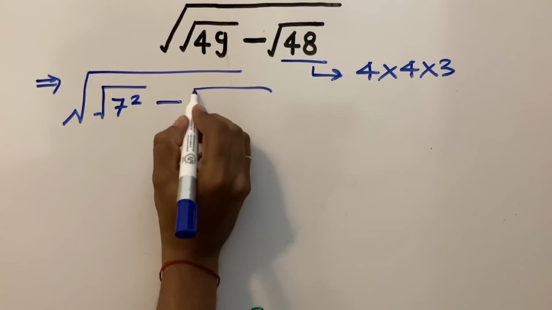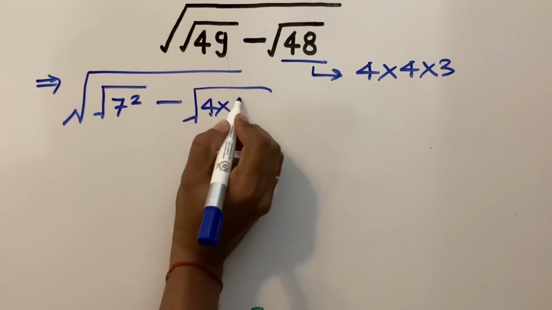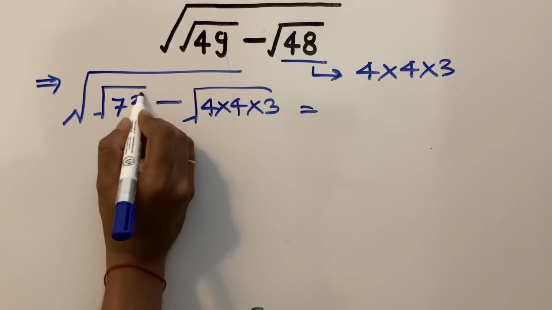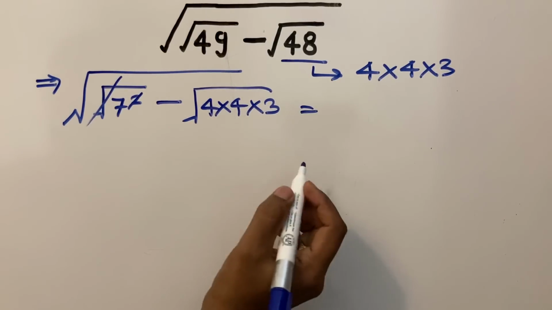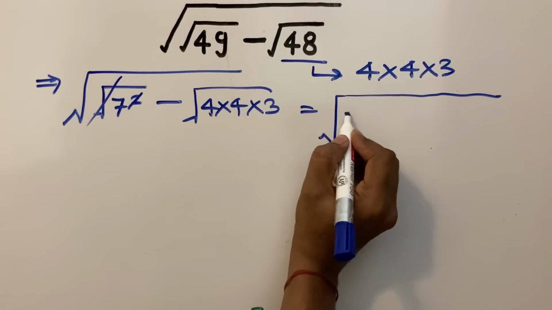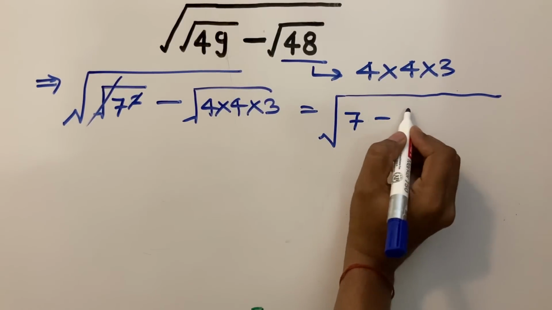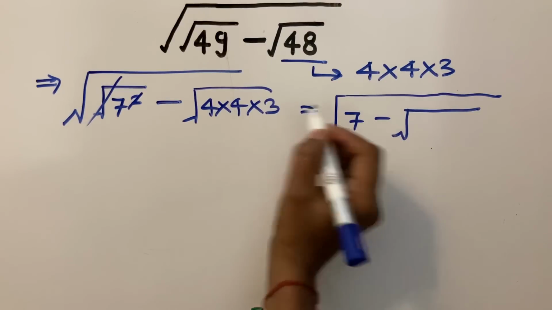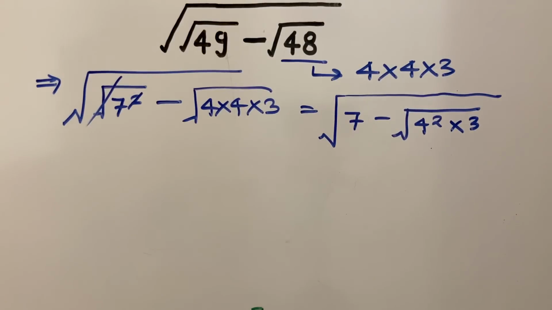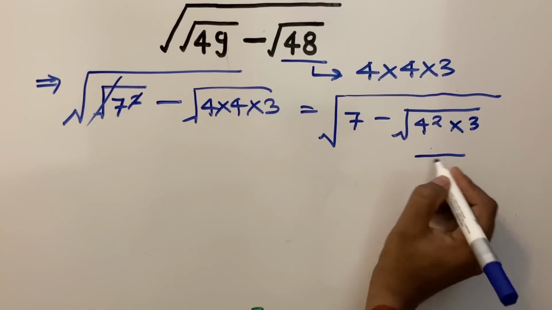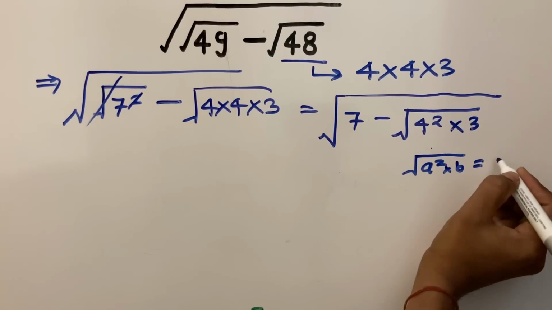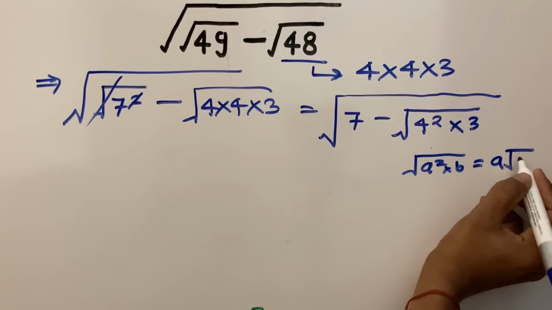So this becomes 4 multiply 4 multiply 3, the power 2 cancels the square root, so this becomes square root 7 minus square root 4 to the power 2 multiply 3. As we know that square root of a to the power 2 multiply b is also equal to a square root b.